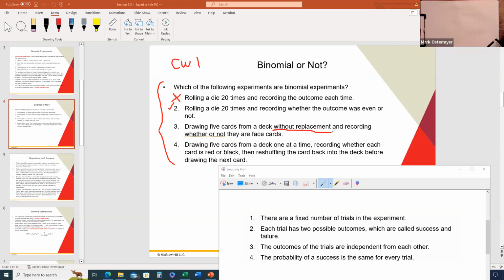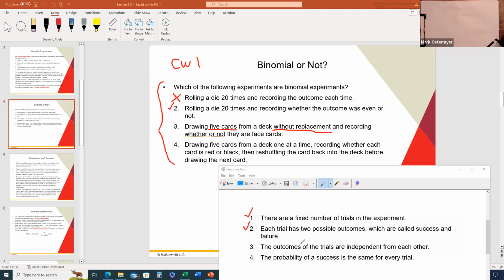That's right. Now look at this: there are a fixed number of trials of this experiment because we're drawing 5 cards. Number 2, are there 2 possible outcomes when we draw a card from a deck? Yeah, there are. It's either a face card or it is not a face card. So requirements 1 and 2 check out.